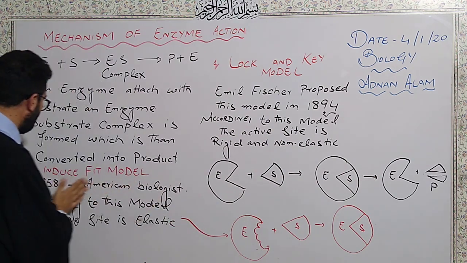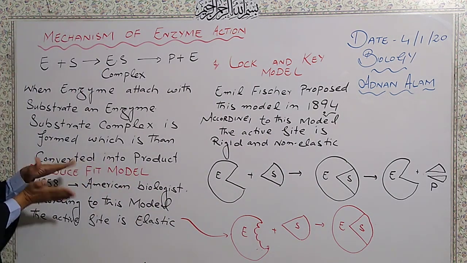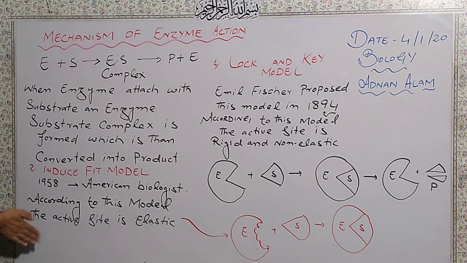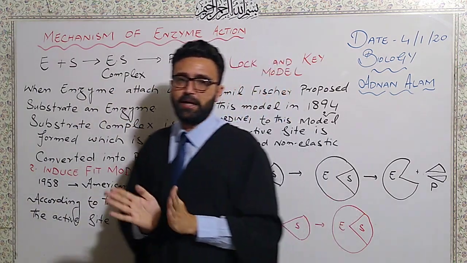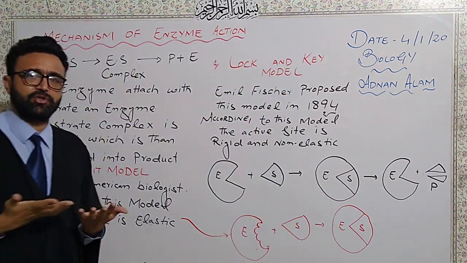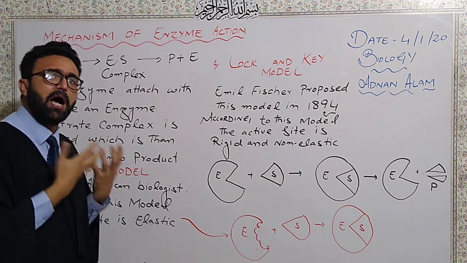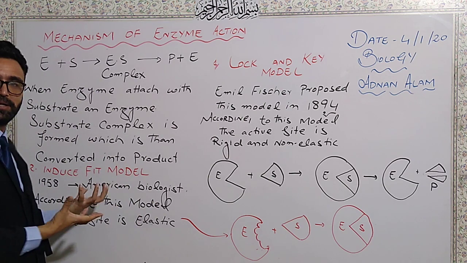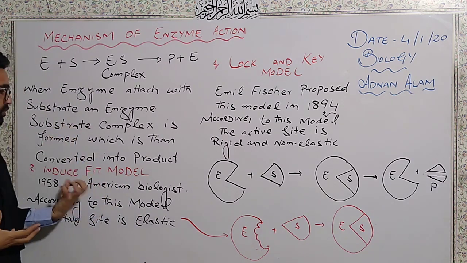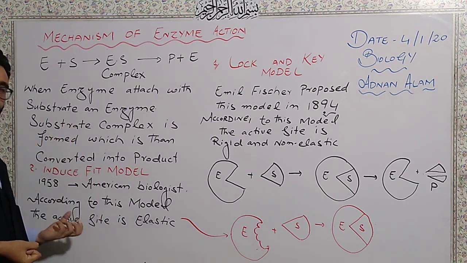And the second model is the induced fit model. In 1958, Daniel Koshland, an American biologist, proposed it, and this is also called the Koshland hypothesis. When I was a student, it was a hypothesis and we always called it the Koshland hypothesis, but now it's a model.